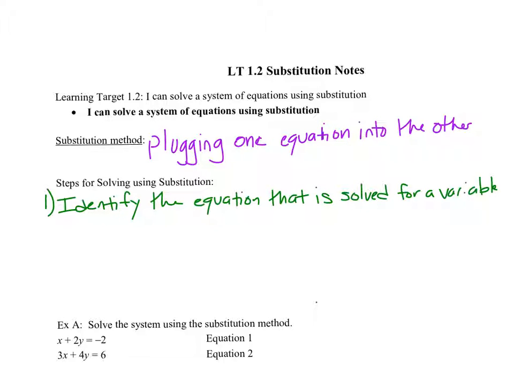So here's the thing, it might not always have one. What I'm talking about is like y equals 3x plus 4, or x equals 2x minus 1. So it has x or y equals something.